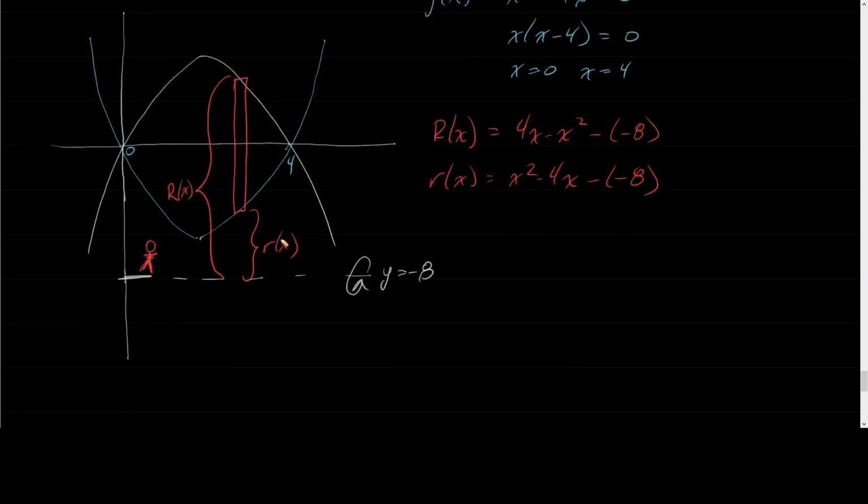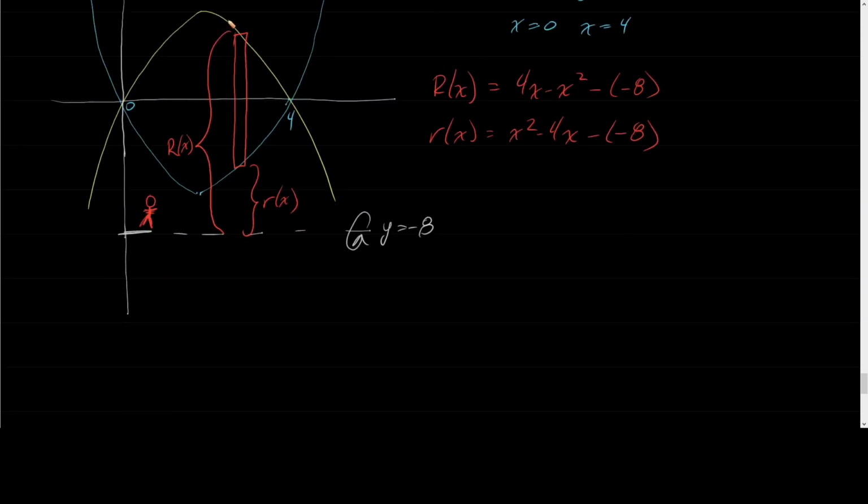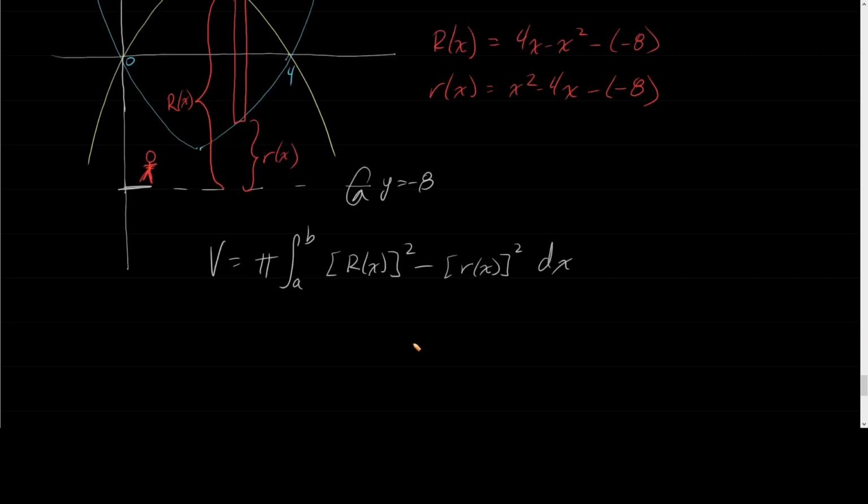So our setup now becomes the volume, so pi integral from a to b of big radius squared minus little radius squared dx. So what does that really give us? We're going to say this is pi times the integral from 0 to 4 of this thing right here.